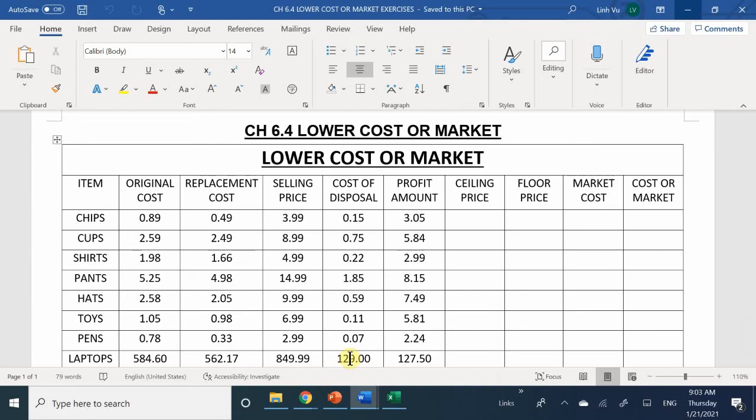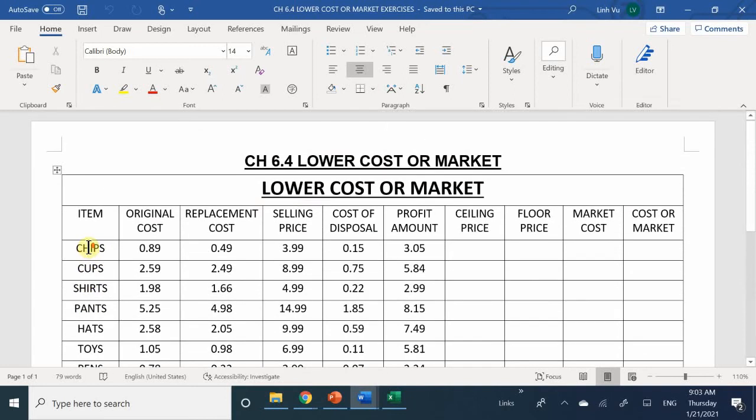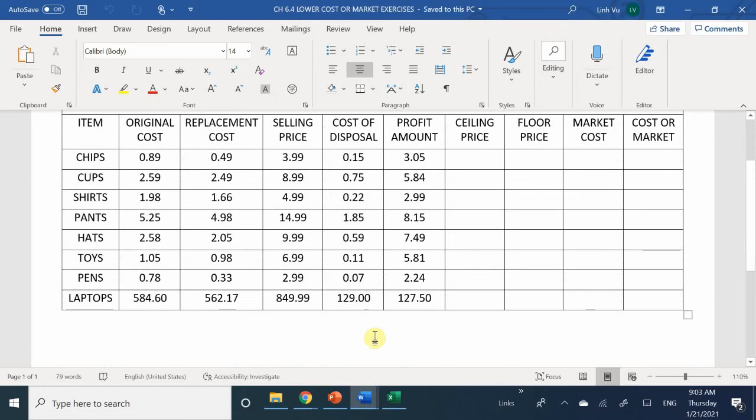Okay. So here we are at the 6.4 exercises. Let's go ahead and take a look at this. Here I gave you examples of items. Again, I didn't put the profit percentage because that number doesn't really matter.